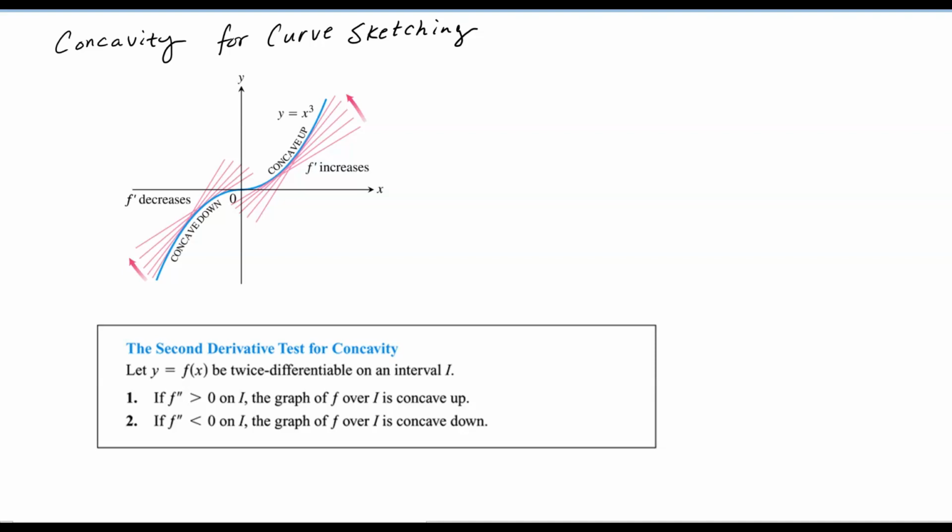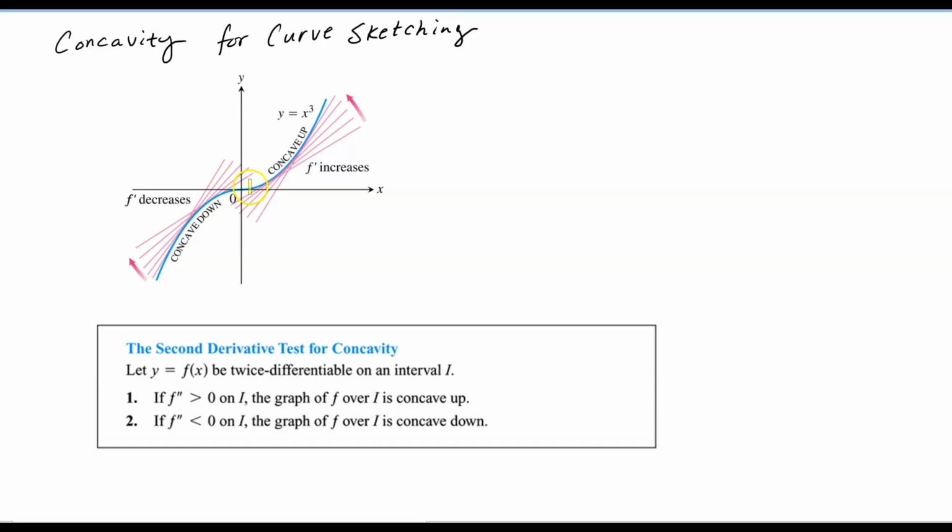Okay, we're going to be talking about this concept of concavity and how we can use it for curve sketching. The important thing to note is that if a function is said to be concave up, that means its first derivative is increasing. So there's a connection.